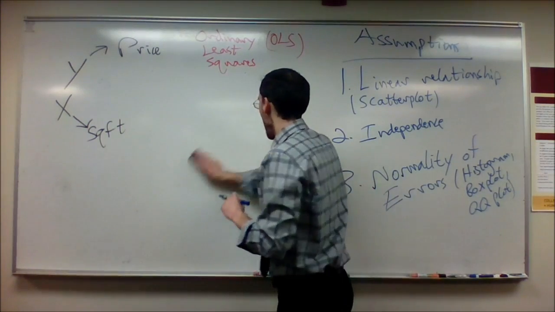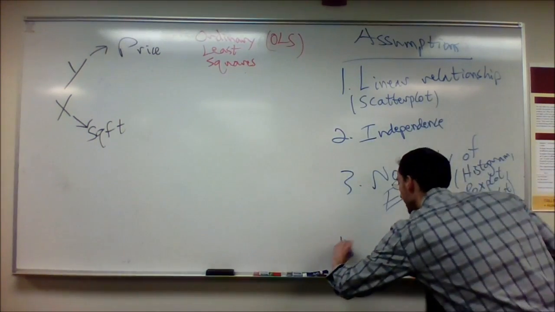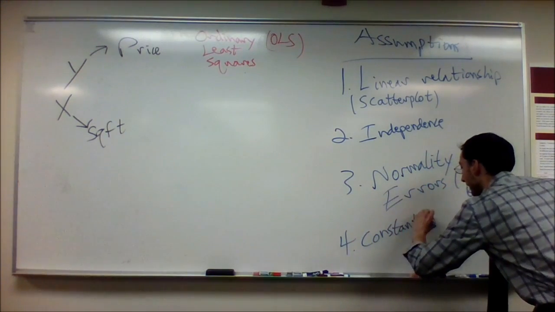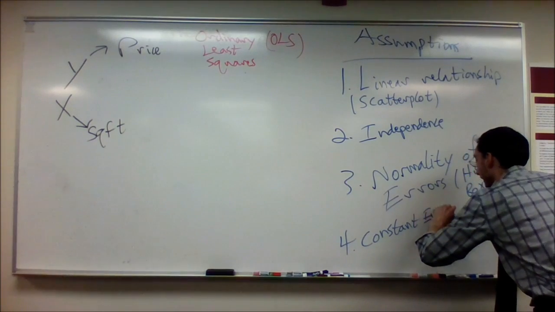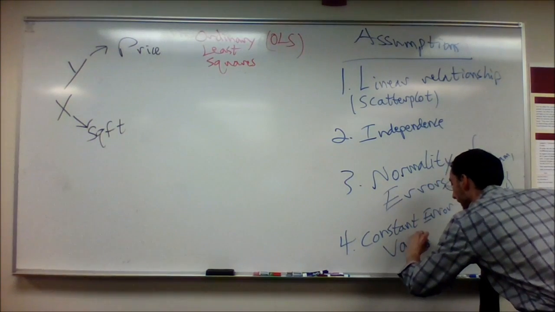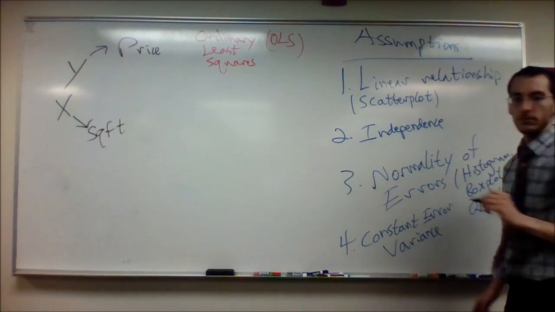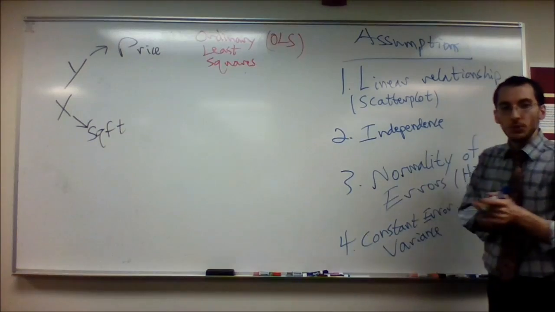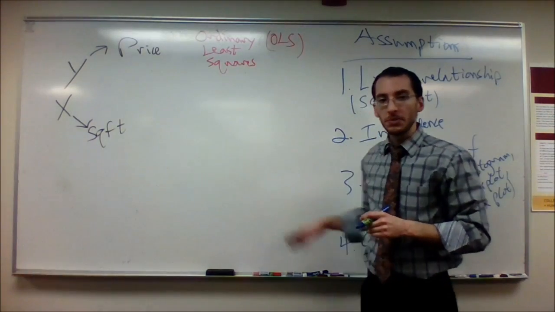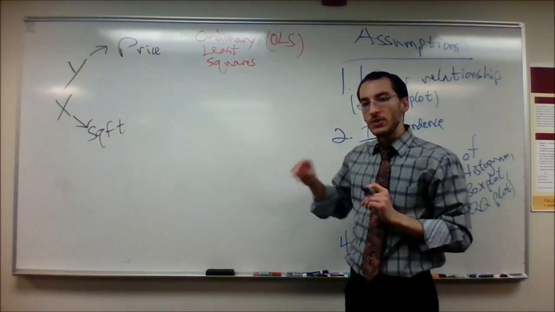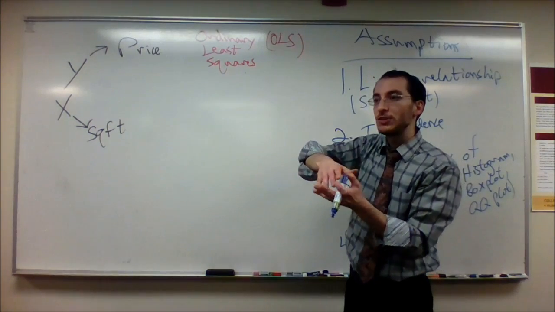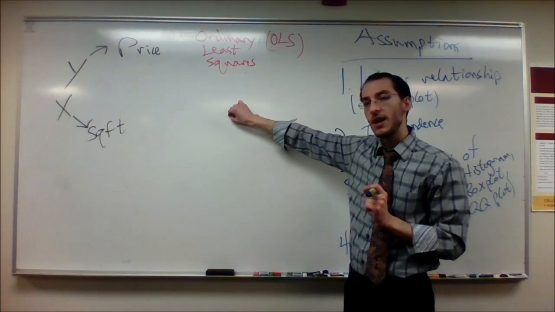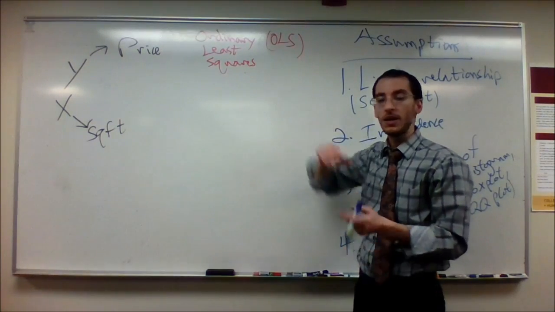Finally, absolute last thing, we need constant error variance. So again, we take our residuals and we can see how they're distributed, but we can also see how much the residuals vary. Remember, some residuals were closer to the line, some residuals were farther away from the line.